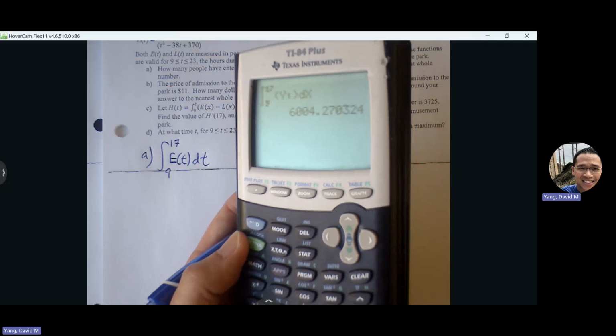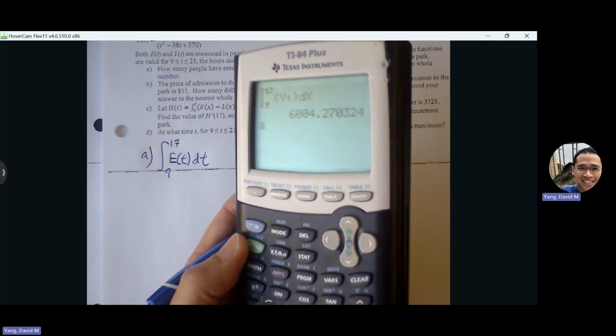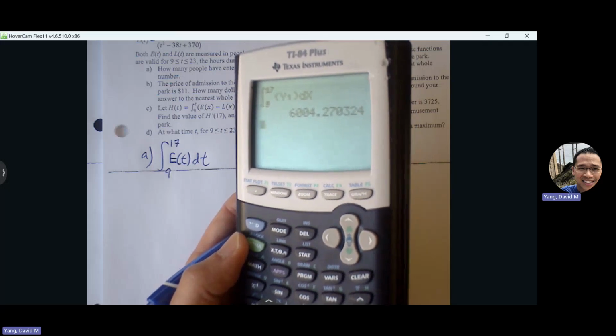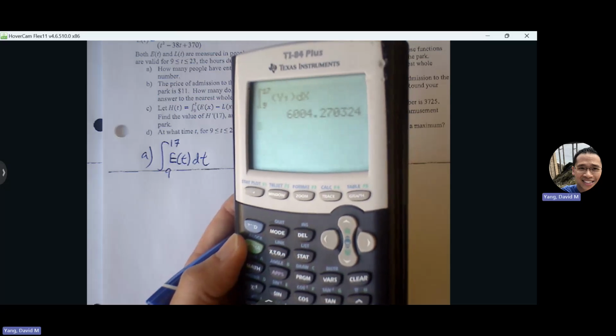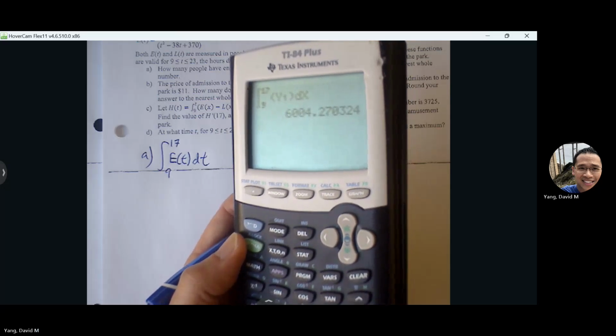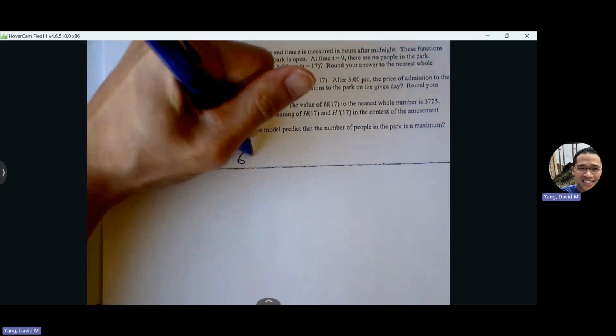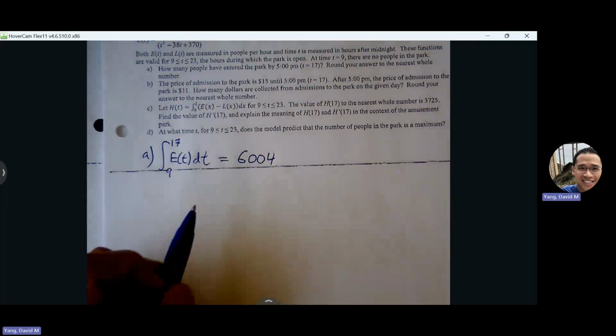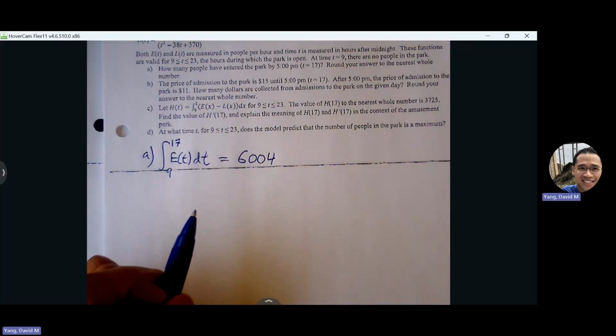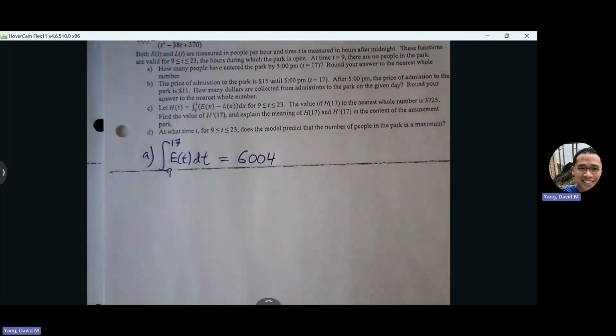So we can estimate 6,004 people have entered in the park between when the park opens at 9 a.m. to 5 p.m. So this isn't necessarily the number of people who are in the park at 5 p.m. We're just counting the number of people who've entered through the gates between 9 and 5 p.m.